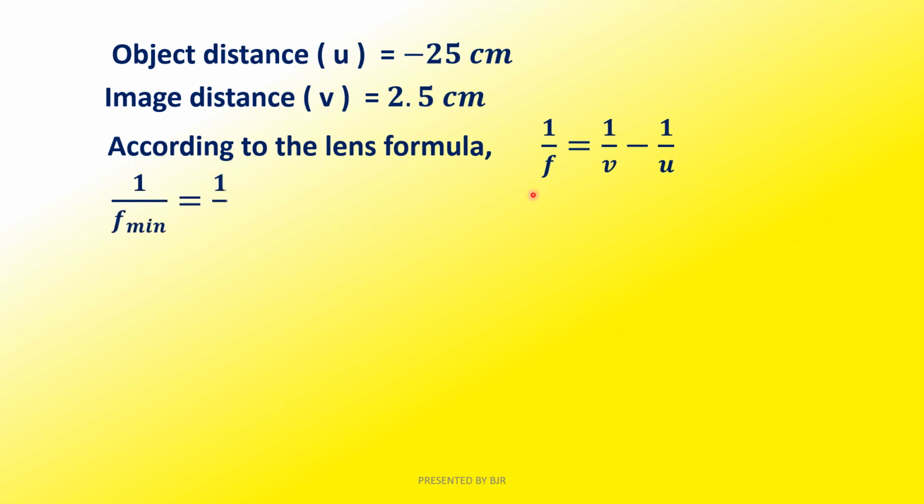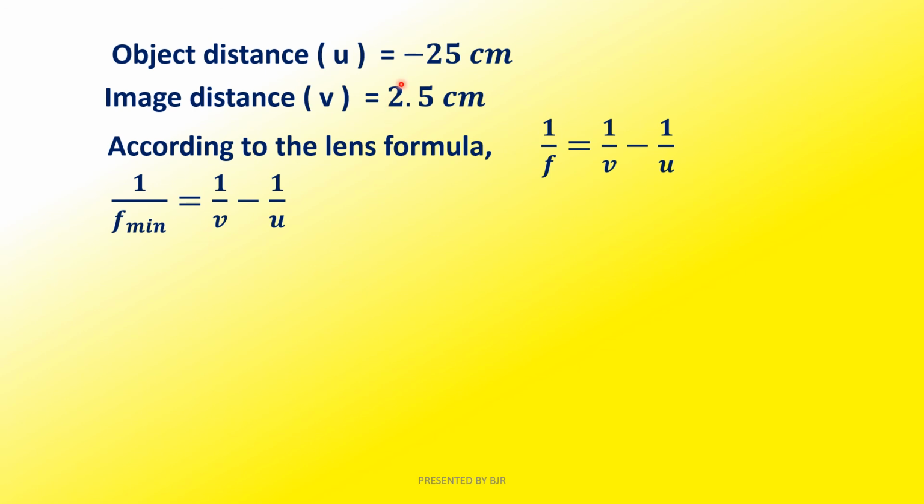Here I take f as f minimum, because in this case the focal length is minimum. 1 by f minimum equal to 1 by v minus 1 by u.